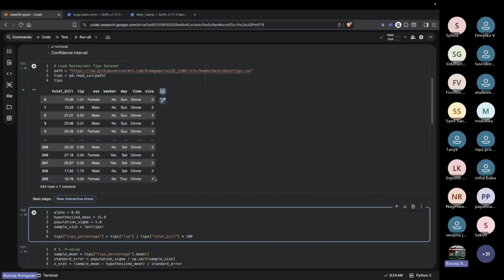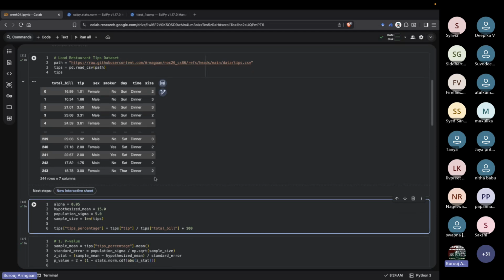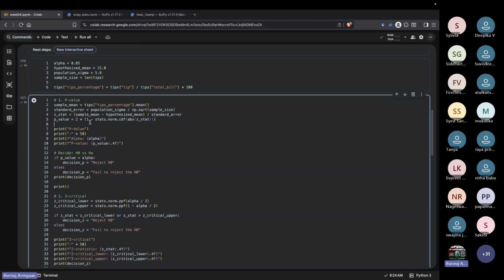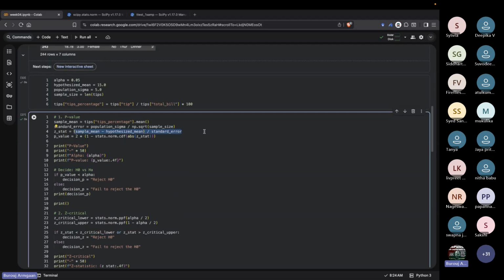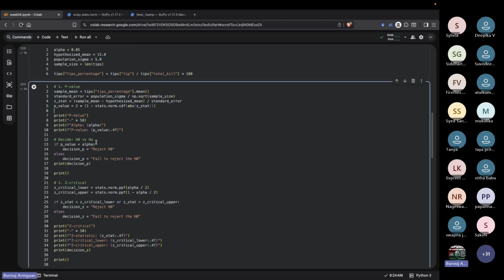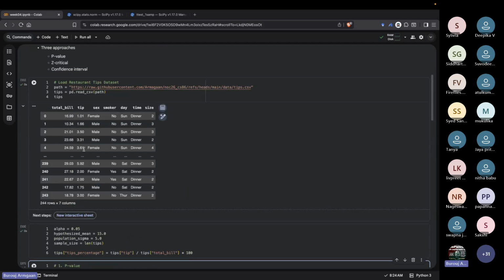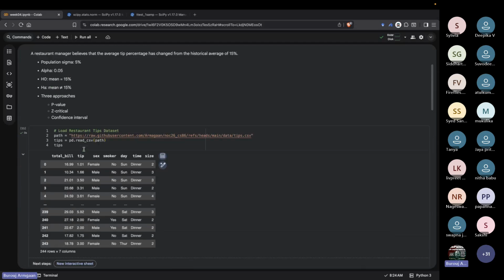So the sample standard deviation or the population standard deviation. So the population standard deviation is given, and the standard error for the sample is also pretty simple to compute. So let me know where your confusion is.